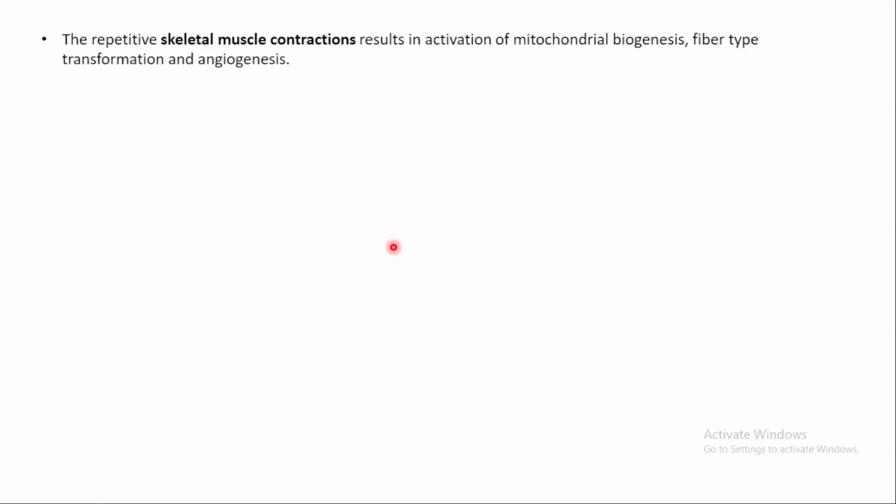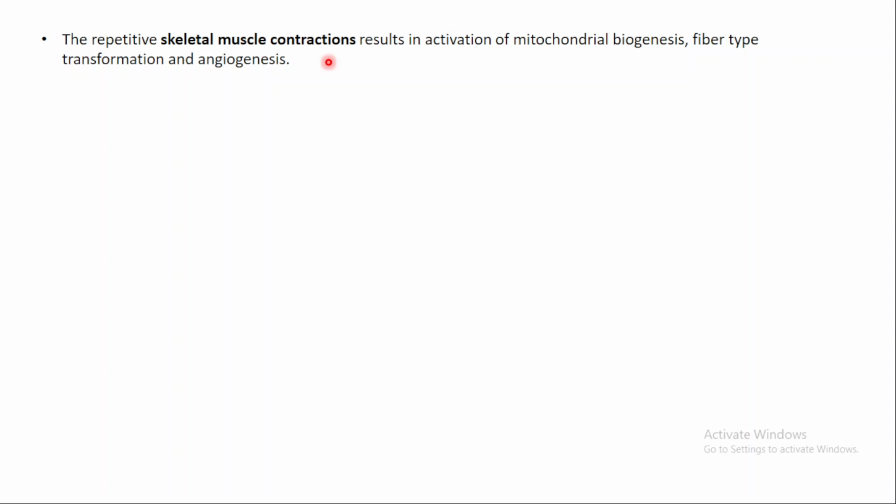So what happens in a skeletal muscle system? How does ROS get produced? Repetitive skeletal muscle contraction results in activation of mitochondrial biogenesis, fiber type transformation, and angiogenesis. Whenever a person is doing strenuous, heavily loaded exercise, there is repetitive skeletal muscle contraction and activity.